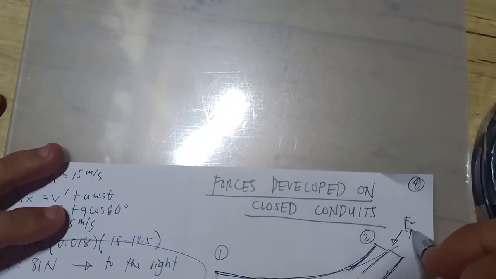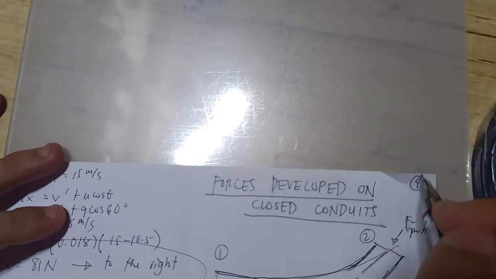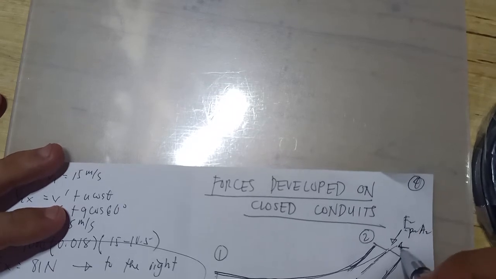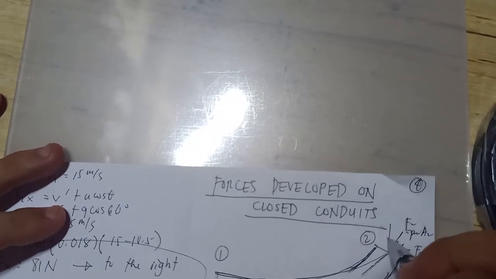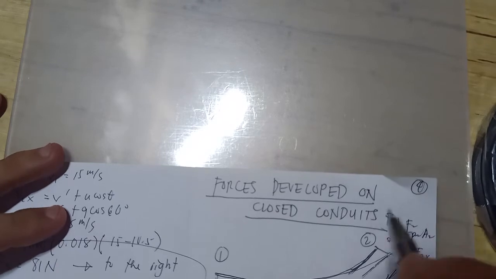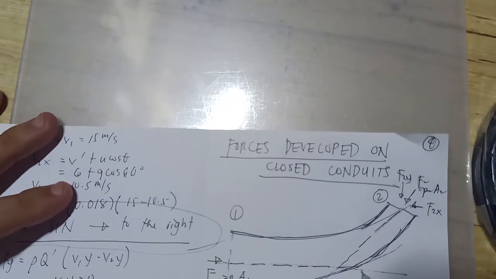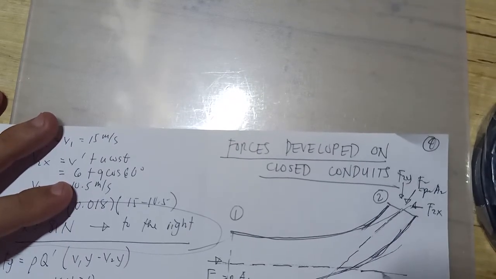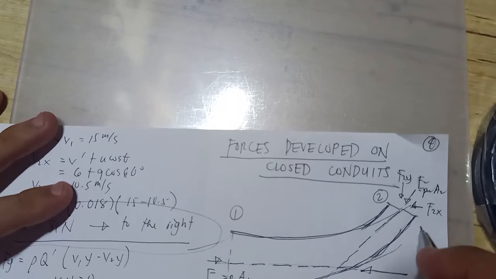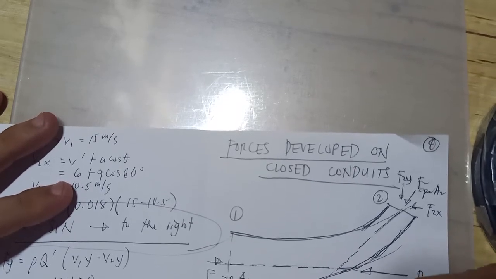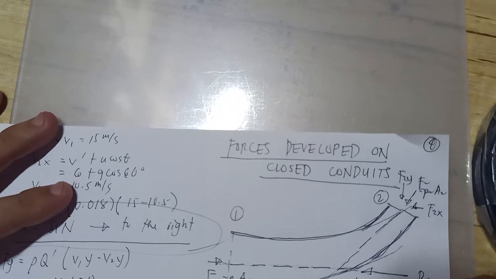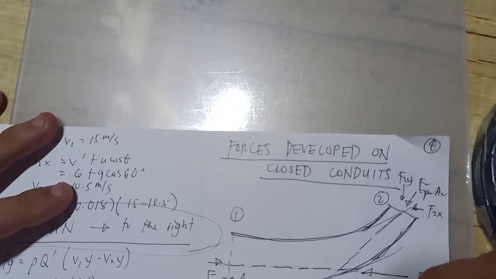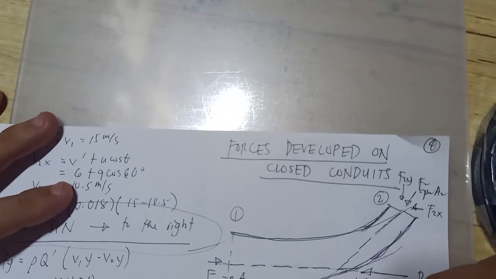F2, which is P sub 2 A sub 2, and there's also F sub 2x, F sub 2y. So there is resultant Rx as well as Ry. So this is the resultant.